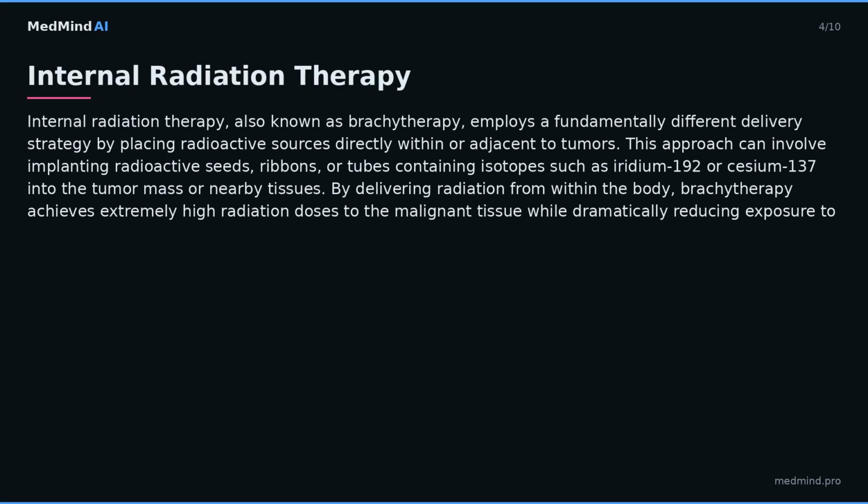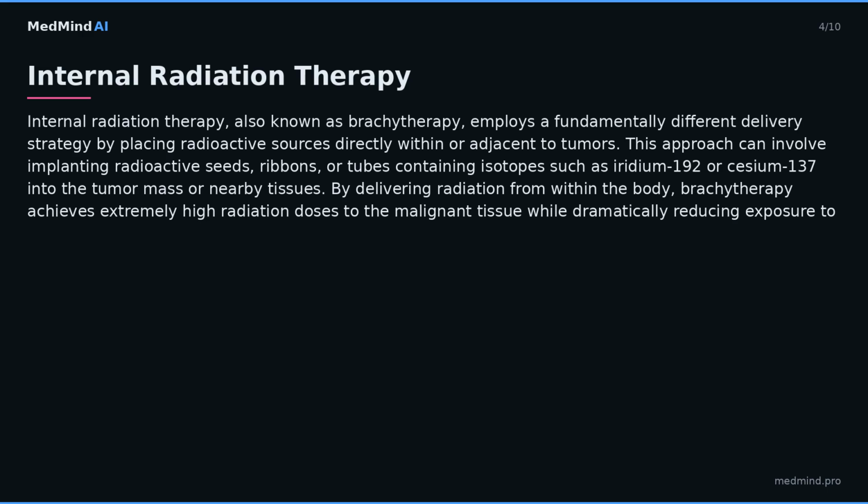This approach can involve implanting radioactive seeds, ribbons, or tubes containing isotopes such as iridium-192 or cesium-137 into the tumor mass or nearby tissues. By delivering radiation from within the body, brachytherapy achieves extremely high radiation doses to the malignant tissue while dramatically reducing exposure to distant normal structures.